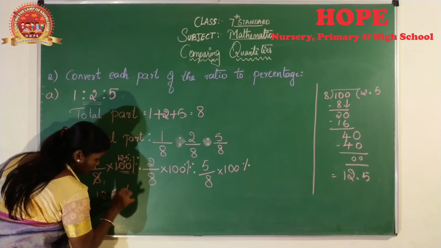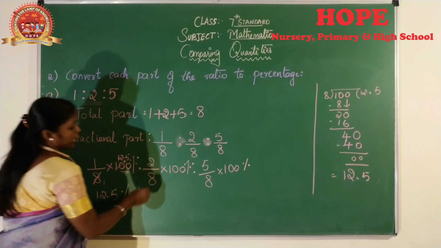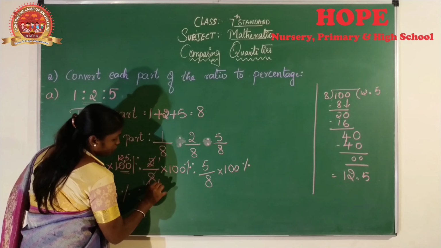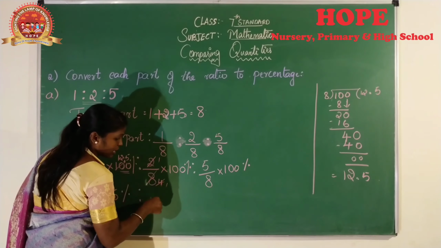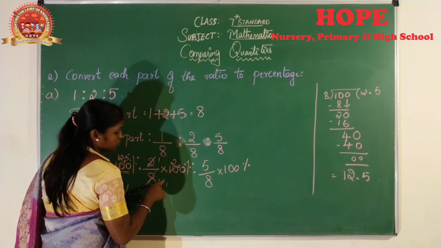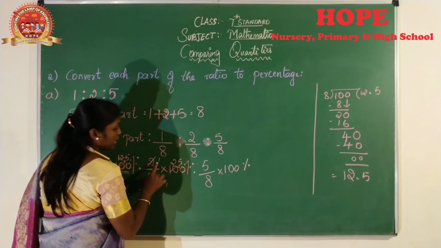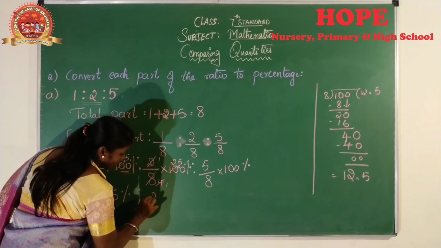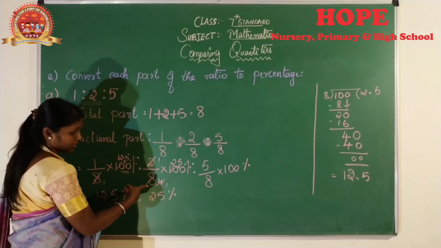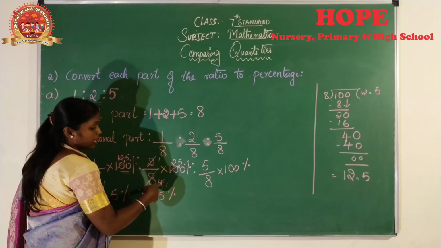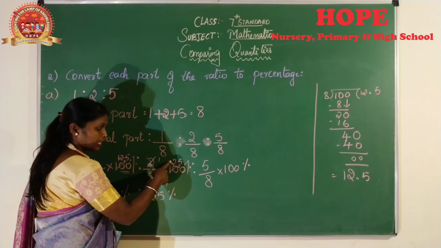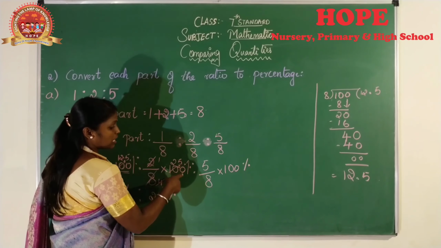12.5 percentage. Then 2 by 8 into 100: 2 ones are 2, 2 fours are 8, so we cancel out. Again we cancel this 100 by 4. 4 ones are 4, 4 twos are 8, 2 remains here, 4 fives are 20.